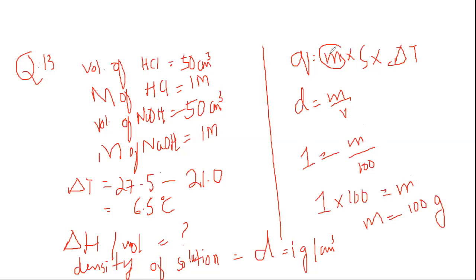Put this value in this equation. What is the specific heat? Specific heat is basically 4.18, because water will form in a solution.